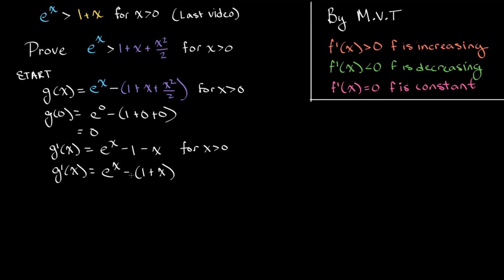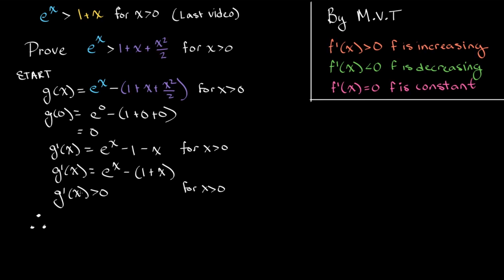And if you can remember from the last video, we proved that e to the x is greater than 1 plus x for x greater than 0. So therefore, we're able to say that g prime of x is positive on this interval for x greater than 0.